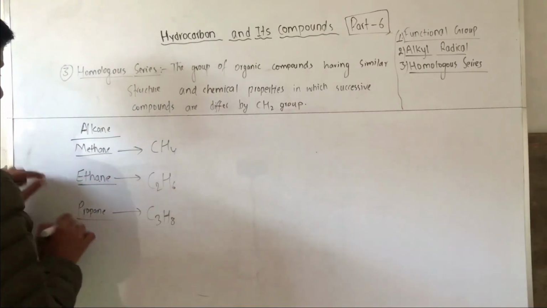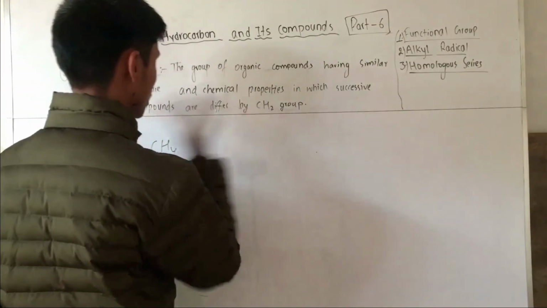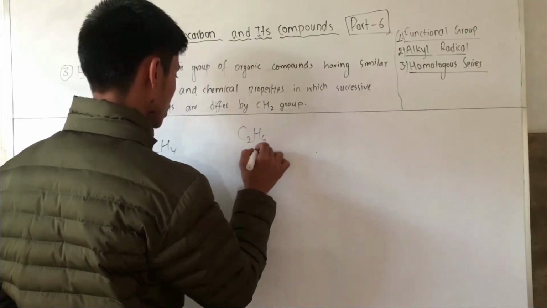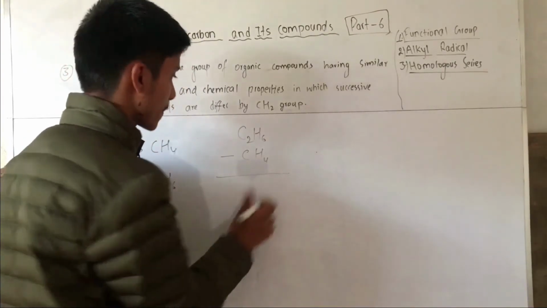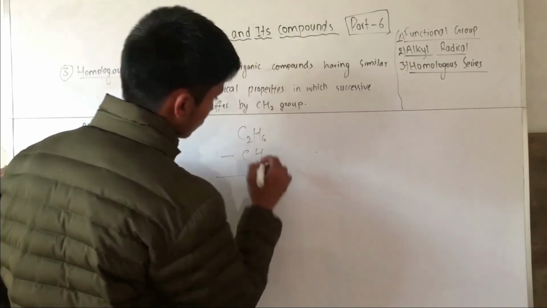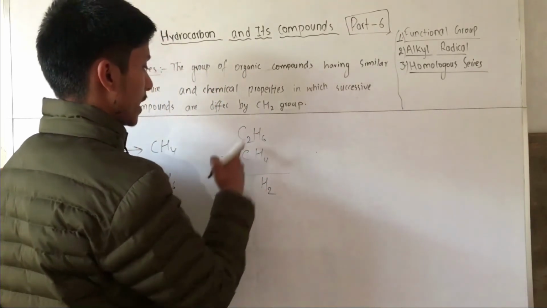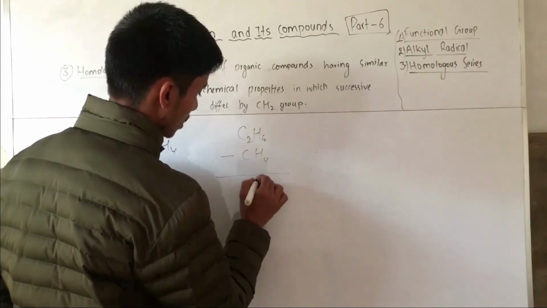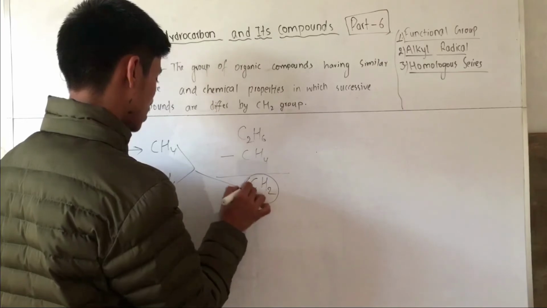Let's subtract the molecular formula of methane from ethane. Then we get C2H6 minus CH4. This is only for understanding. Here 6 hydrogen, here 4 hydrogen, and if we subtract, we get 2 hydrogen, and here 2 C, and here only 1 C. So we get CH2. The difference is CH2.